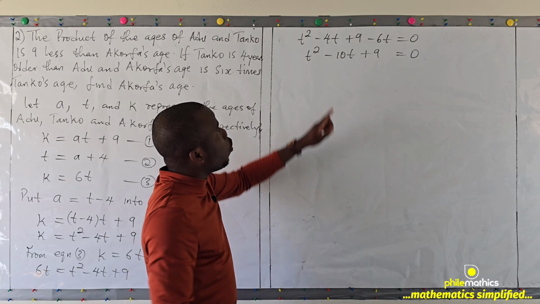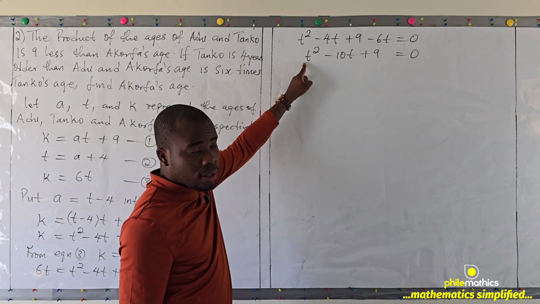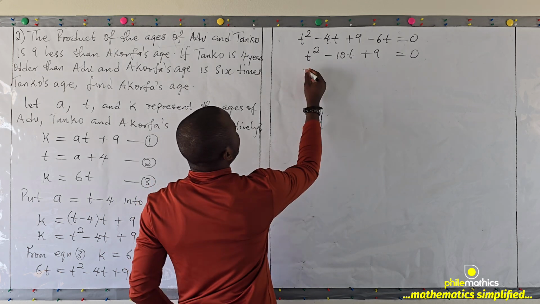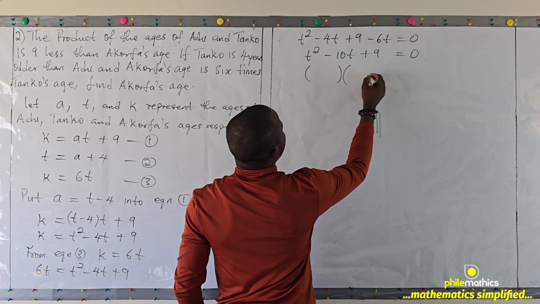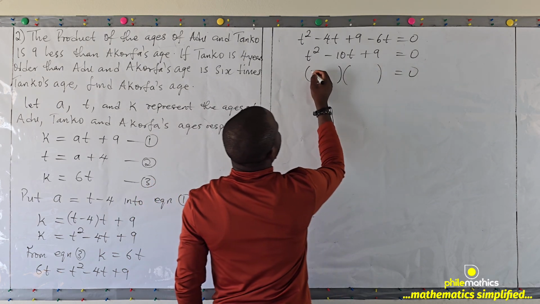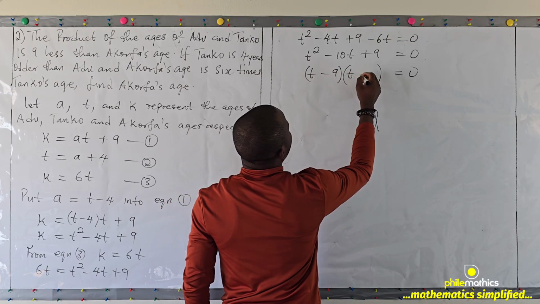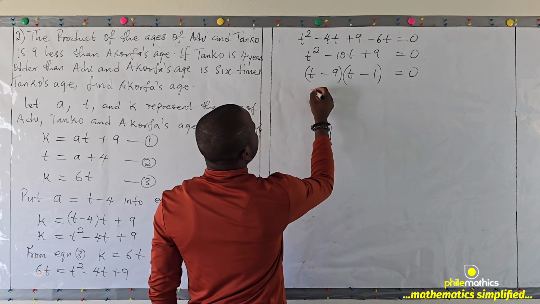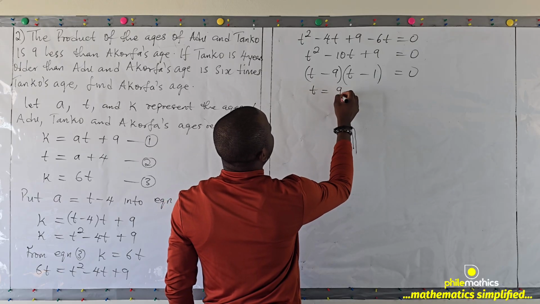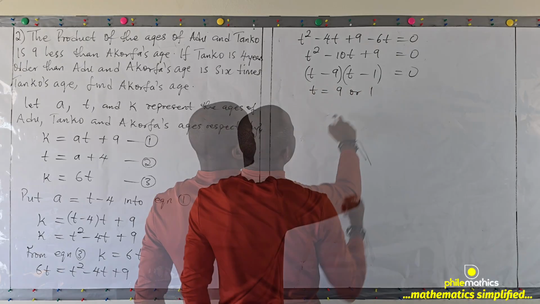Since the coefficient here is 1, we can simply open two brackets: T minus 9 and T minus 1. So T will be equal to 9 or 1.